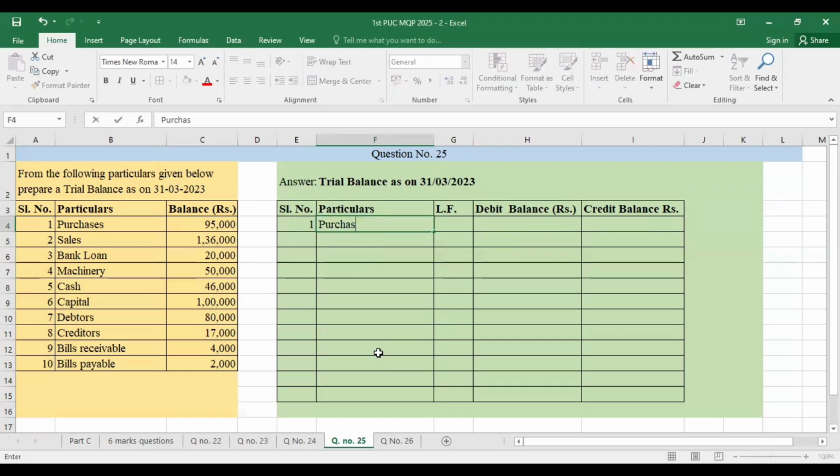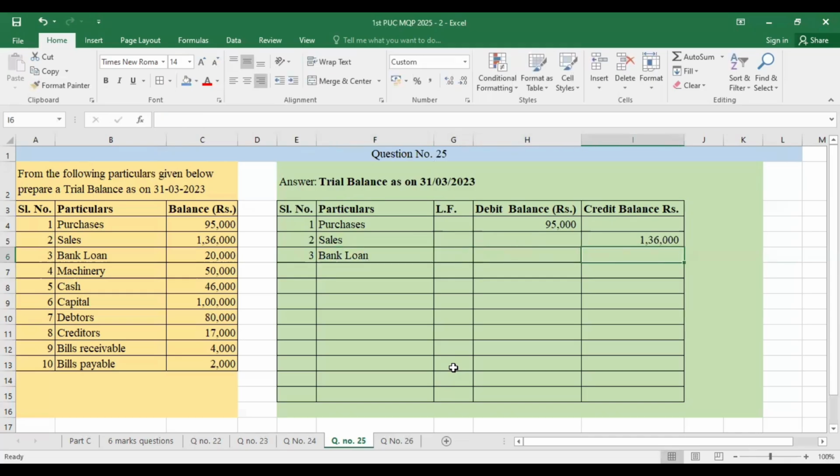Purchases. Purchases always show debit balance. So on the debit side, you'll write 95,000. Next, sales. Sales shows credit balance, which is 1,36,000. Then bank loan. It is a liability.